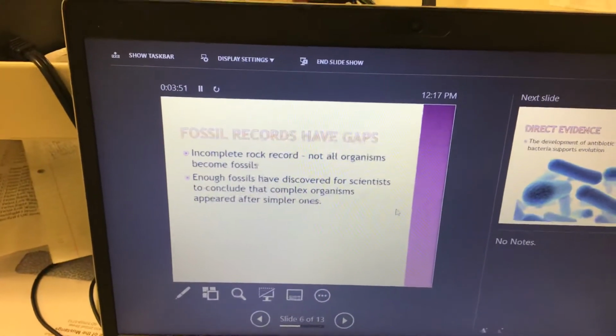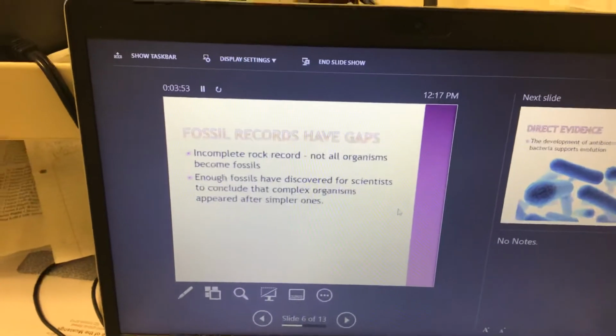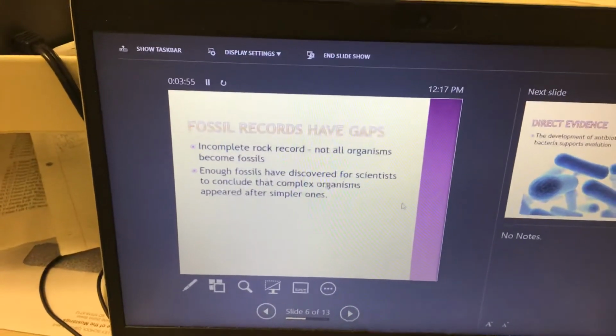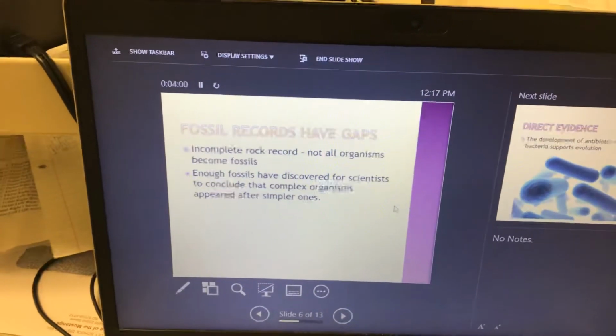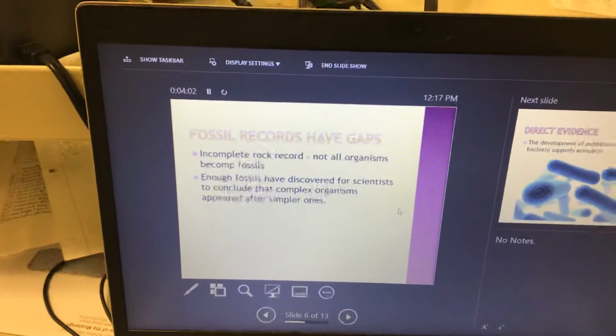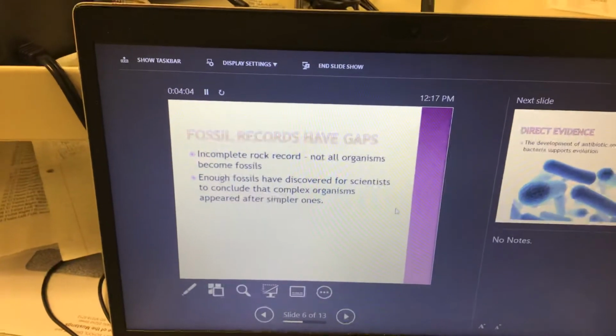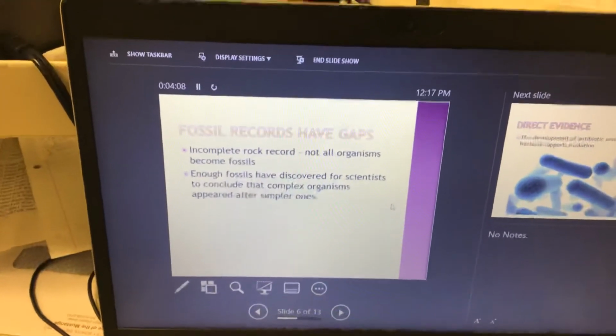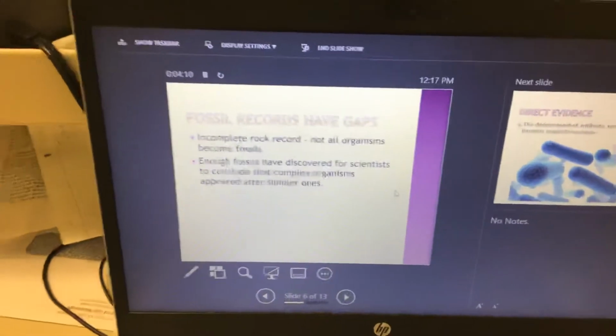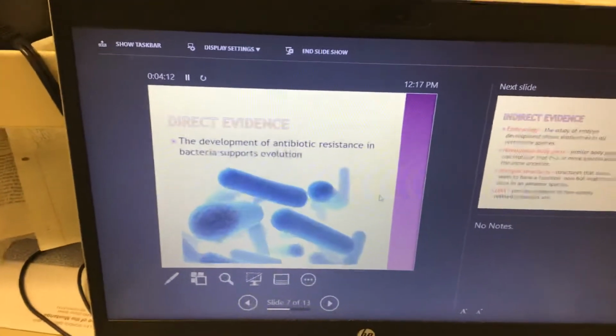It's going to rot and decay. Things are going to eat it. It needs to have a perfect situation. A lot of times, volcanoes, if something gets killed in a volcano, it'll get covered up with rock and ash, and it'll preserve it really well. So there are gaps in fossil records.